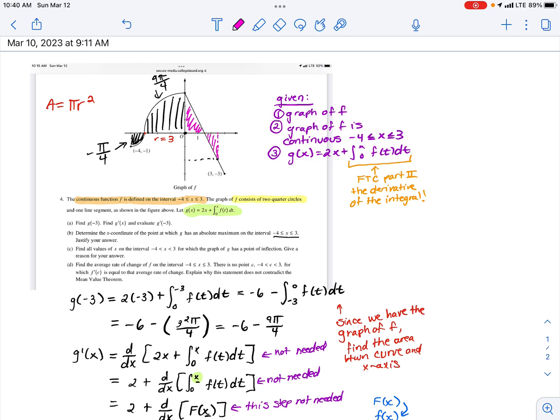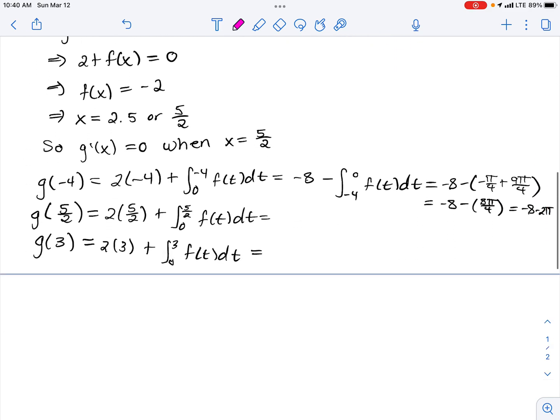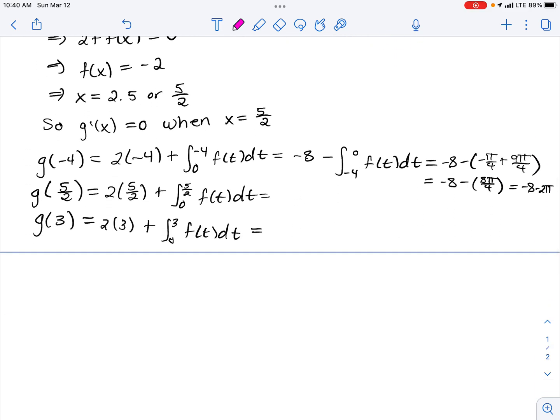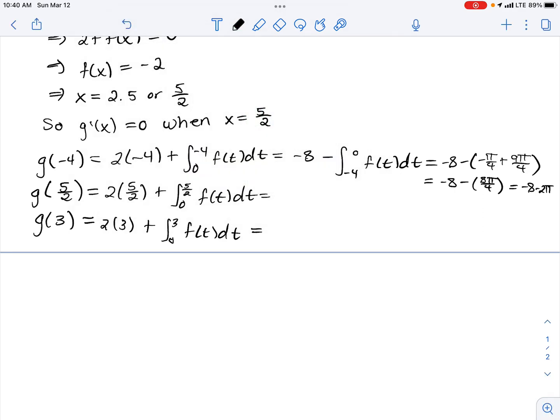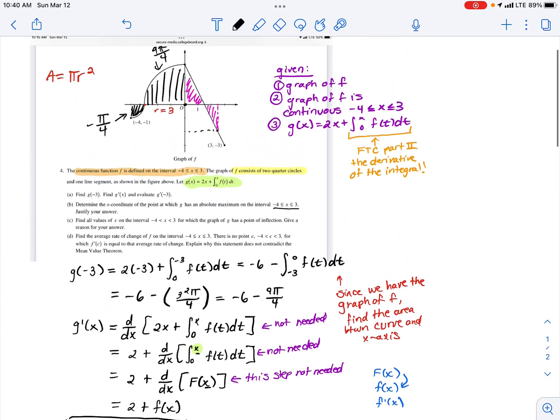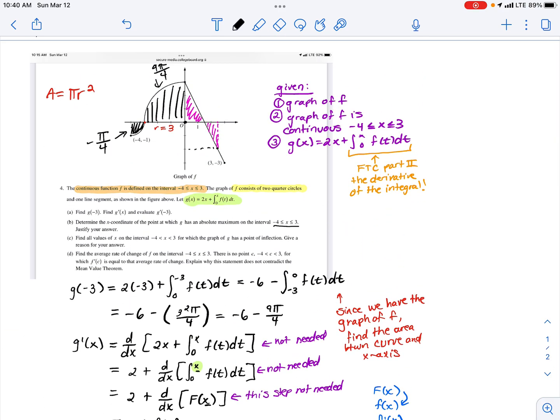So now the base is 1.5, and then the height is 3. So this is going to be 5 plus the integral of 1/2 times 3 halves times 3. And then I know that this is going to be minus because this triangle is below the x-axis.